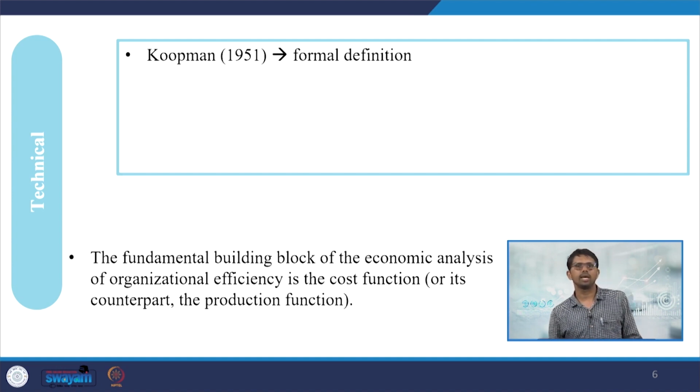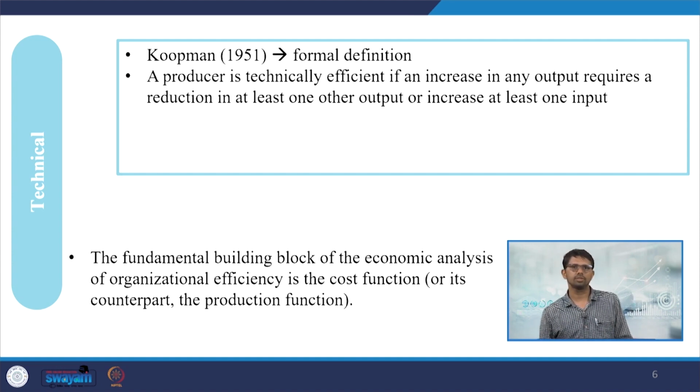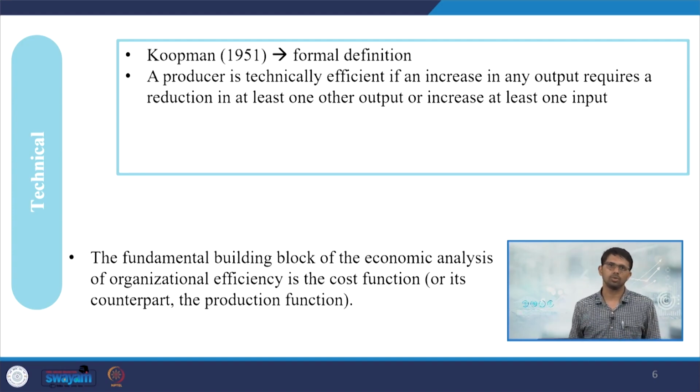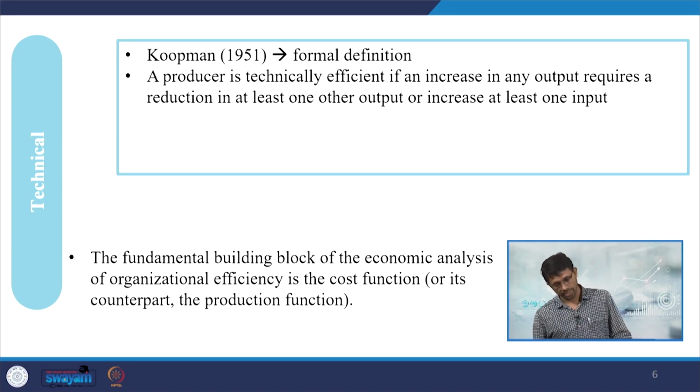Koopmans in 1951 gave the formal definition: a producer is technically efficient if an increase in any output requires a reduction in at least one other output or an increase in at least one input.